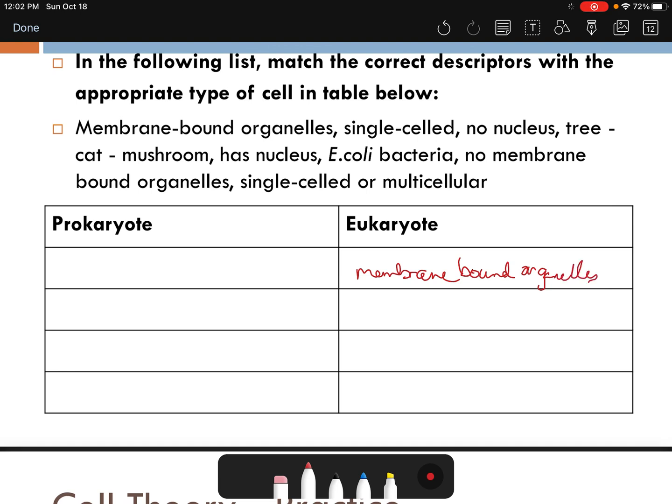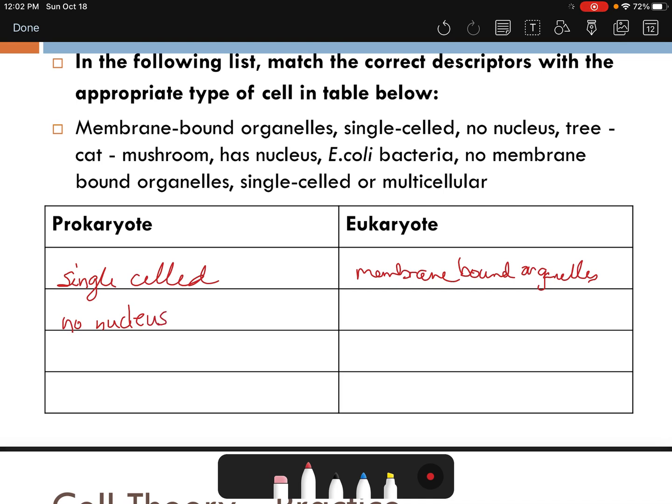If they're single-celled, well, although some eukaryotes could be single-celled, all prokaryotes are single-celled because bacteria are the only prokaryotes and all of them are single-celled. So we put that descriptor in the prokaryote side. No nucleus, remember that's what prokaryote means, before a nucleus, so no nucleus here in the prokaryote side.